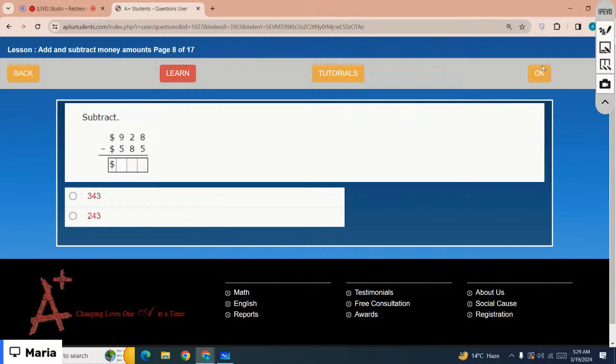Yes, the correct option is $343. Option number 1 is the correct option.